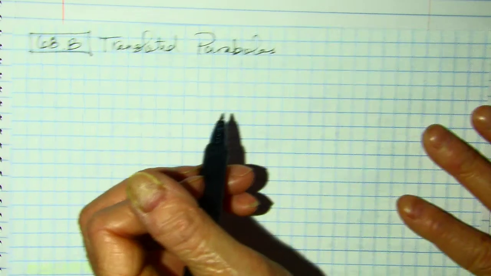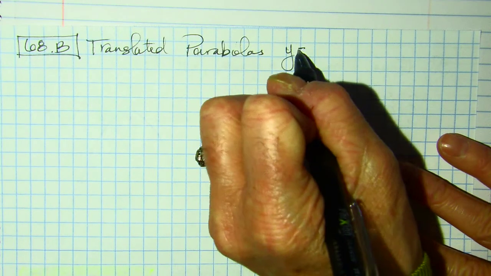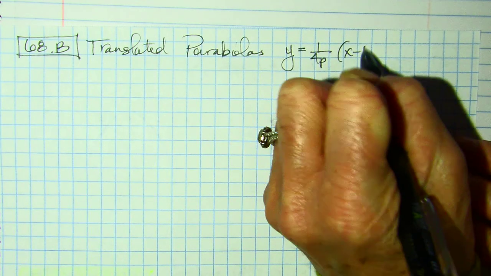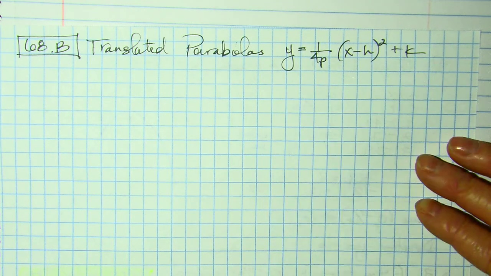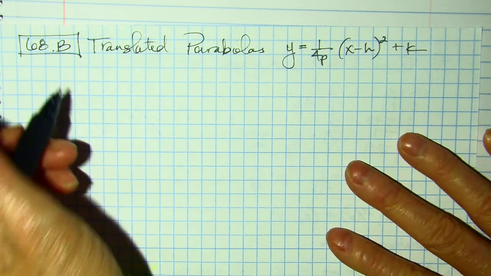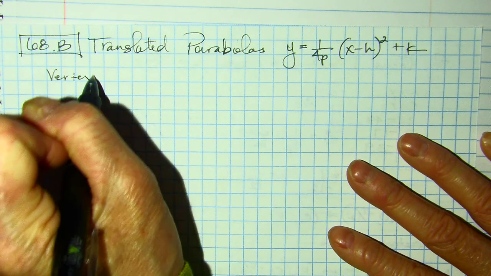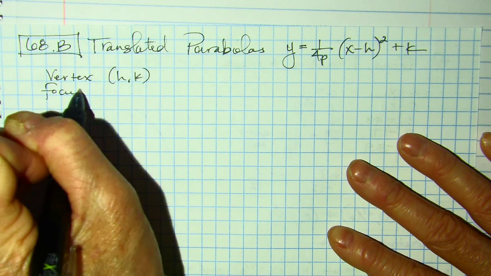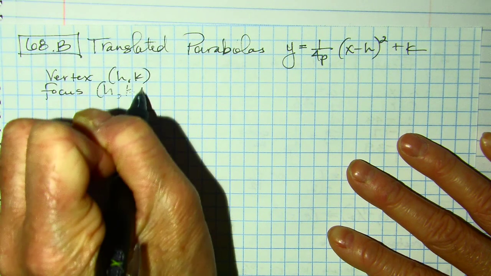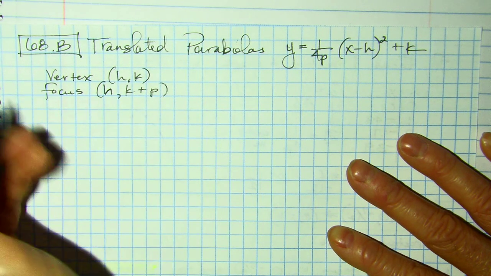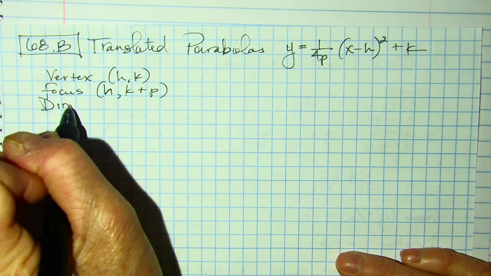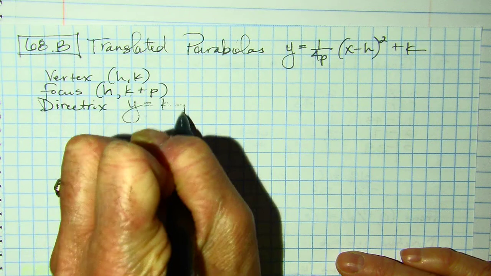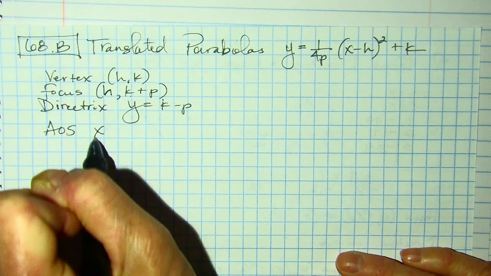And translated parabolas are in vertex form, but instead of writing A, I'm going to write 1 over 4p times x minus h squared plus k. And so know that our vertex will be at h comma k. Your focus will be at h comma k plus p. Your directrix will be at y equals k minus p, and your axis of symmetry is x equals h.